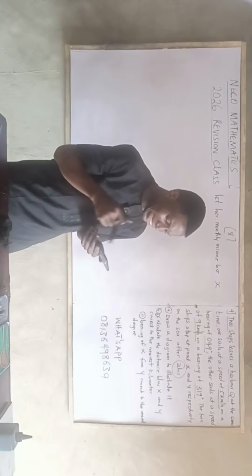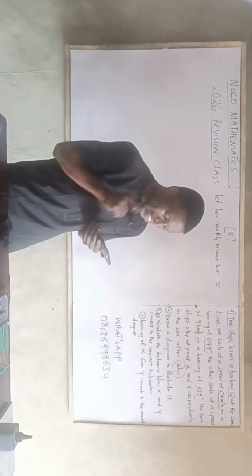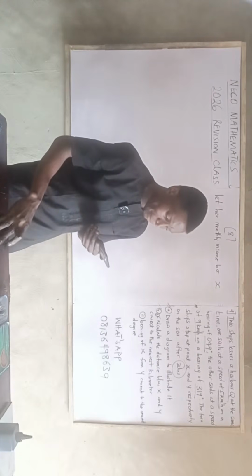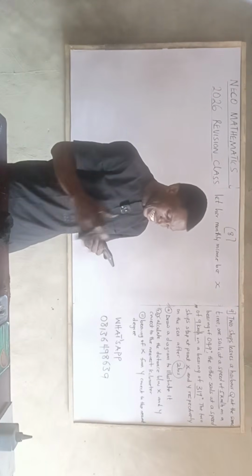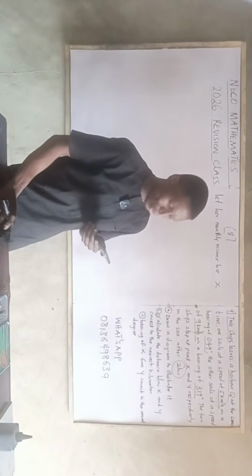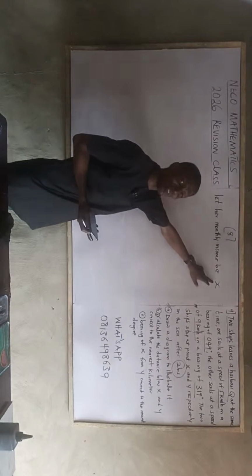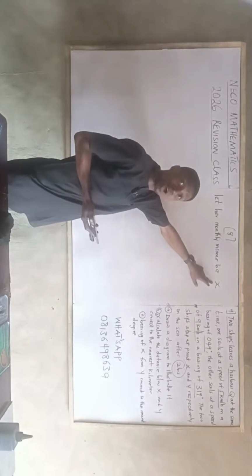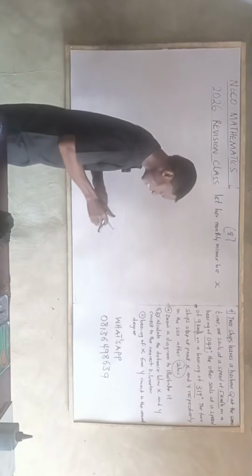If she saved the remaining 225,000 naira, find Roman figure 1, her monthly income. Roman figure 2, the amount she spent on open market. That's the question. So now let me make the monthly income a variable of my choice. I've decided to work with X here. You may decide to work with P. You may decide to work with Y.